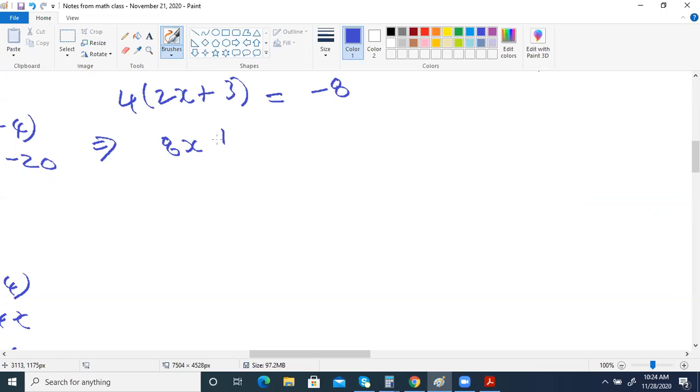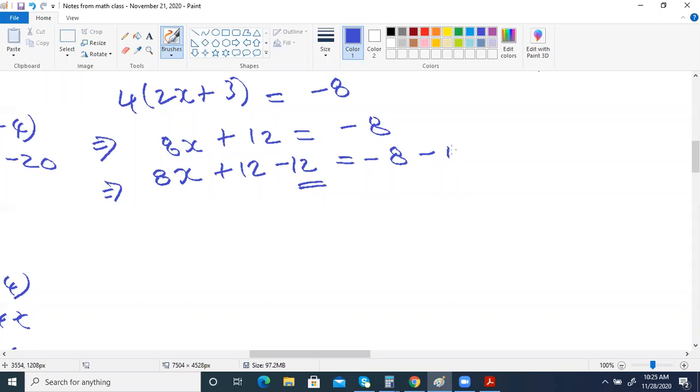Of course, I could divide by 4, but I'm just showing you different ways, right? So again, we want to get 8x by itself, so we just have to subtract 12 from both sides. If we subtract 12 from this side, we have to subtract it from this side as well. So we'll be left with 8x, and this becomes -20.